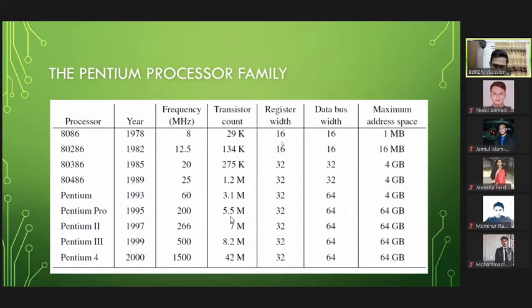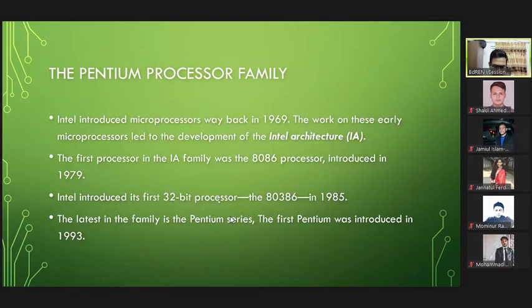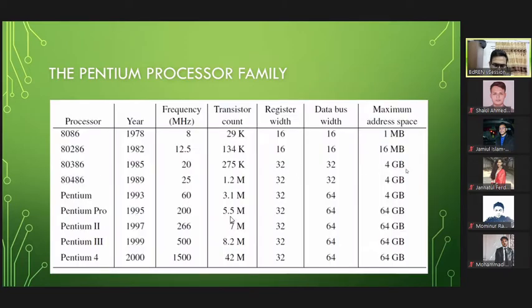The first two are 16, the rest of them are 32, because 80386 was the first processor which has a 32-bit address bus and data bus as well. You can see that the first 32-bit processor they introduced is 80386.